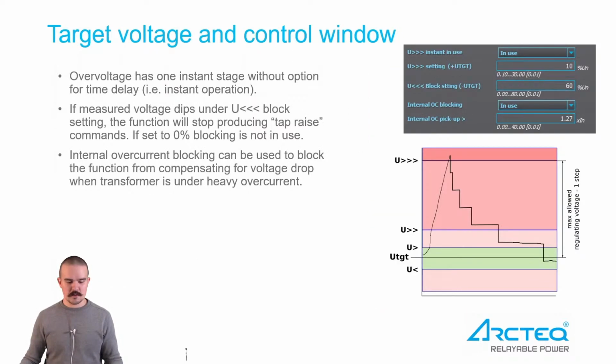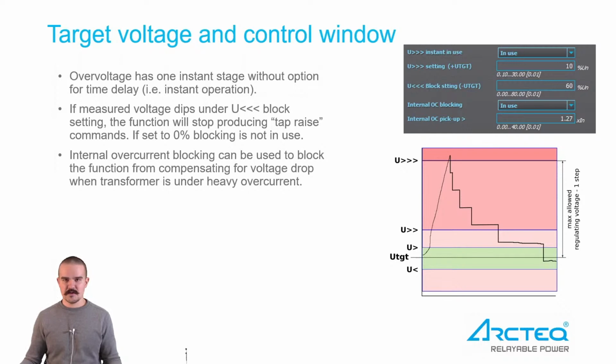There are also overvoltage states for instant operation, the third stage, and also undervoltage blocking setting. So when the voltage goes under this setting, the function will stop producing voltage raise commands.